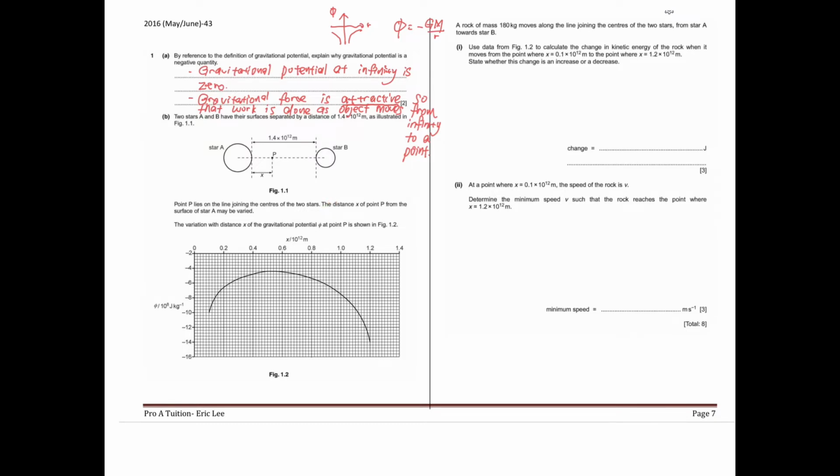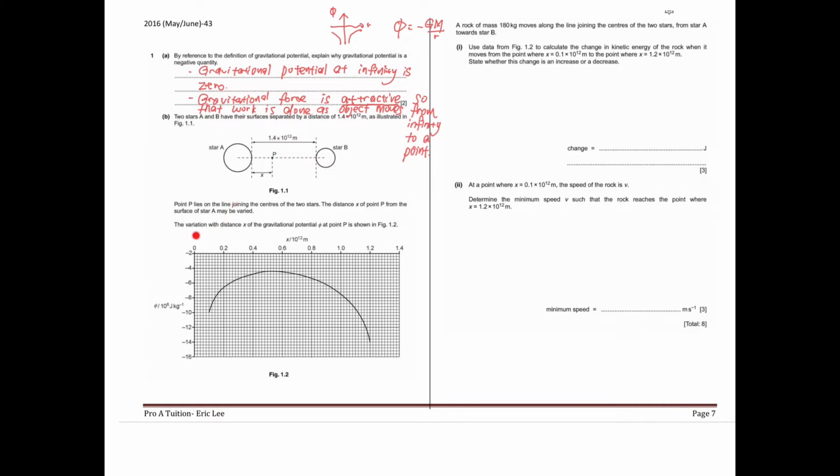The distance x of point P from the surface of star A may be varied. Okay, so that means the x can change. Which means point P can move to different points on the line.